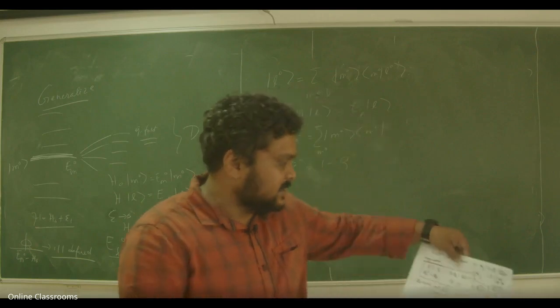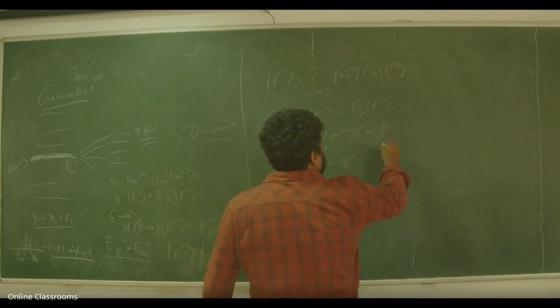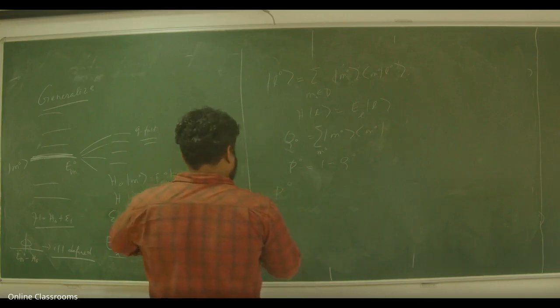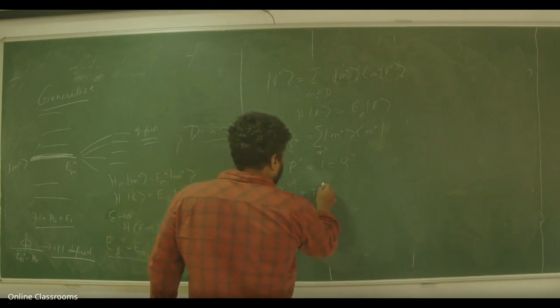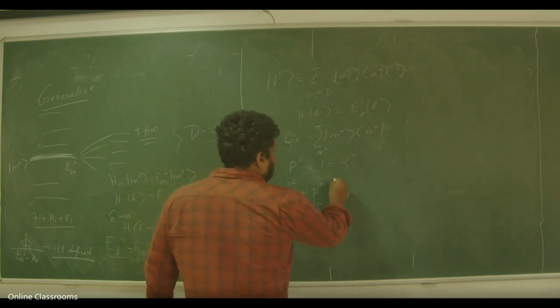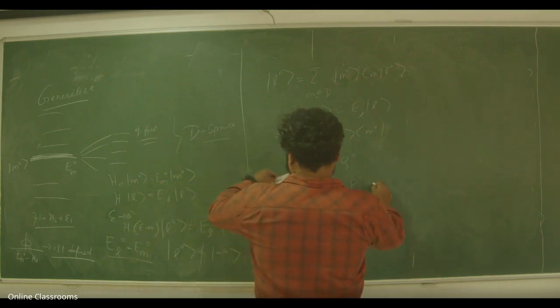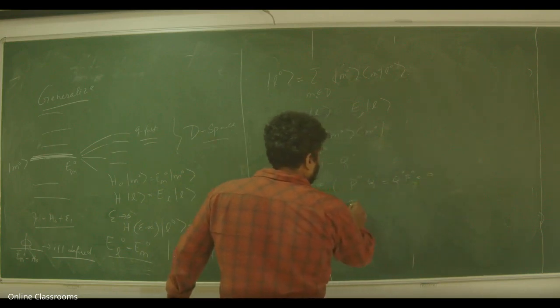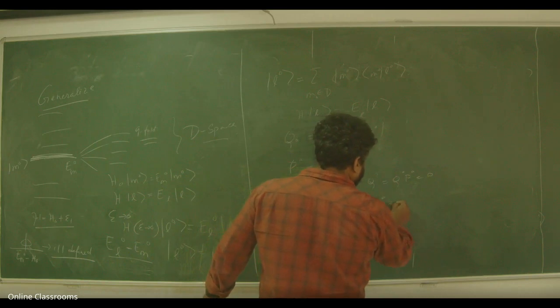So notice two more things. They are projection operators. So they satisfy this: P naught square is P naught, Q naught square is Q naught, P naught Q naught and Q naught P naught are 0, and P naught plus Q naught is 1.